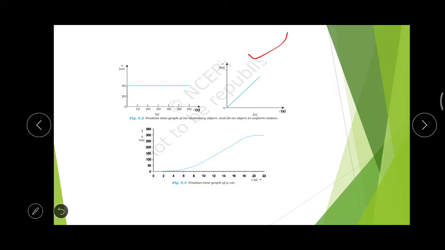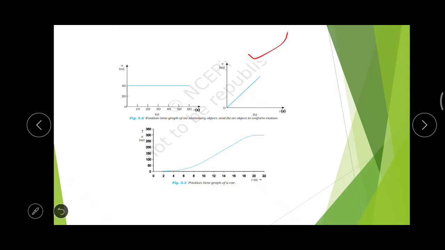That means not in an order. First the time changes but there is no change in the position, then suddenly it is increasing, afterwards it is constant. A random graph will be there for non-uniform motion. Yesterday we discussed the average velocity, average speed, all those things, and I think you have understood that.